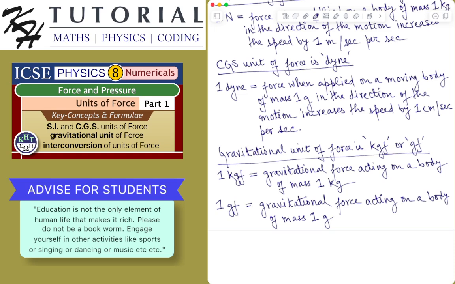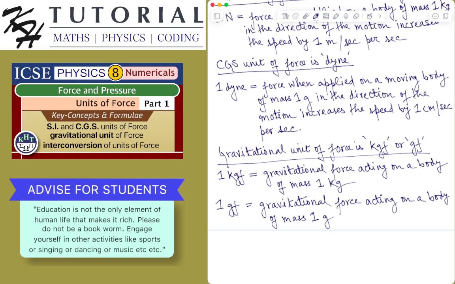Now, quite obviously, this gravitational force will vary from place to place. I will discuss that later on. So what is 1 gf? 1 gf is the gravitational force acting on a body of mass 1 gram, irrespective of the location of the body.